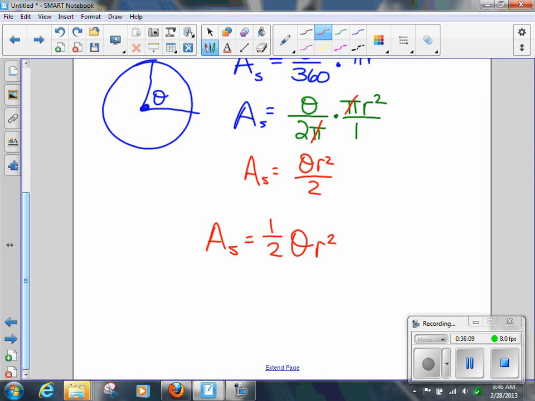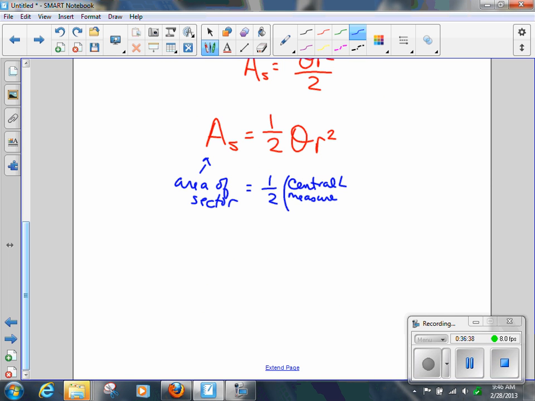It's six in one hand, half a dozen in the other. But let's talk about what this is. This is what we're going to put in our notes and on our card. A sub s is, of course, area of sector. We're going to take 1/2 theta, our central angle measure, and it must be in terms of what, y'all?